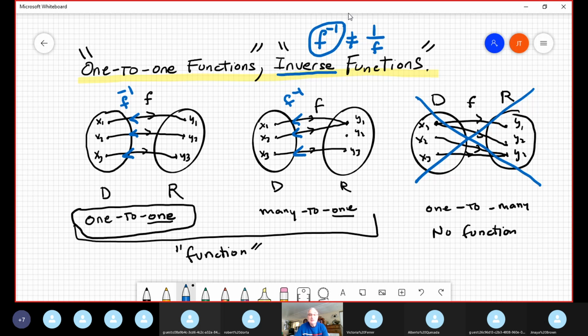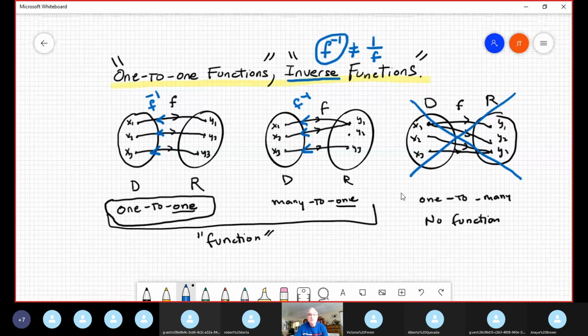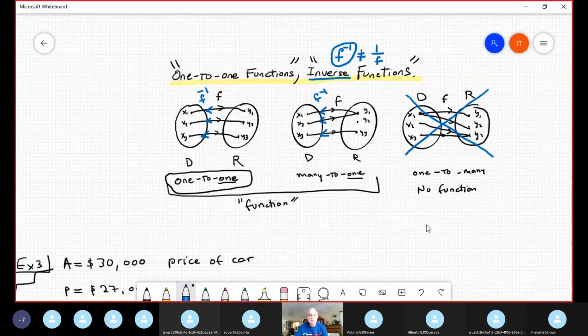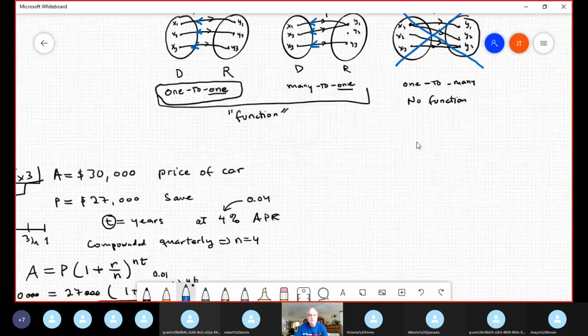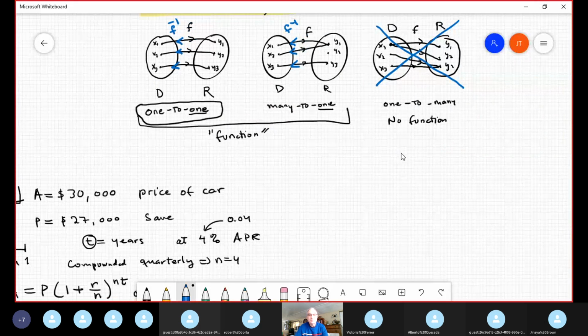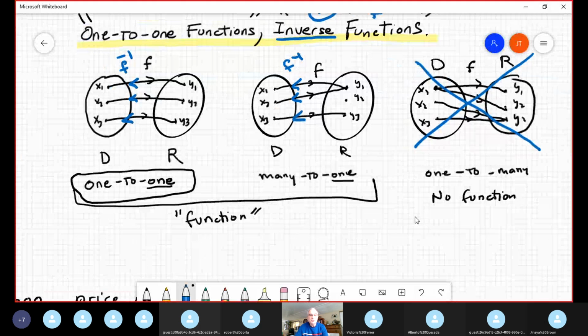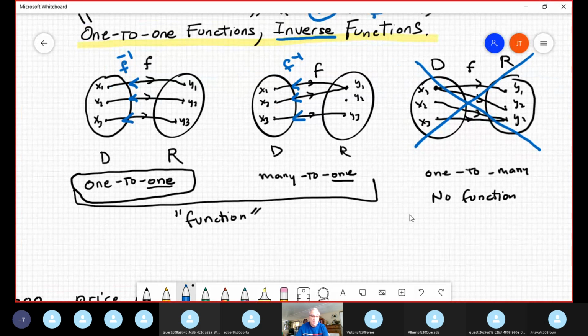But the problem is that in one-to-one, the inverse function exists. Because in both directions, it is one-to-one, no?